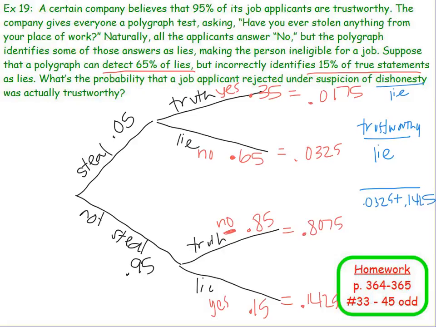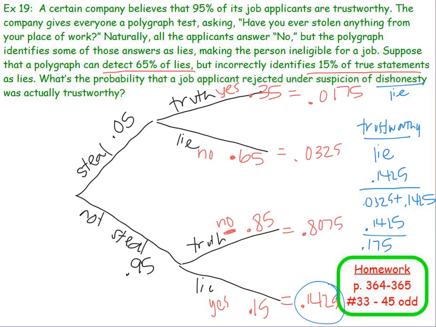Now, the people who lied that were actually trustworthy are the people who do not steal from you. So that do not steal, but still was accused of lying, is 0.1425. So if we take 0.1425, keep that. If we add 0.0325 plus 0.1425, we get 0.175.